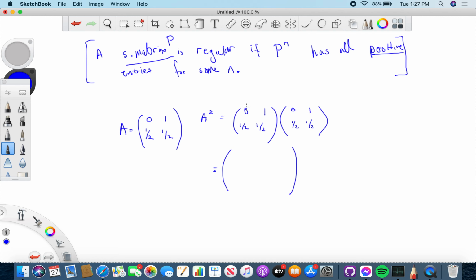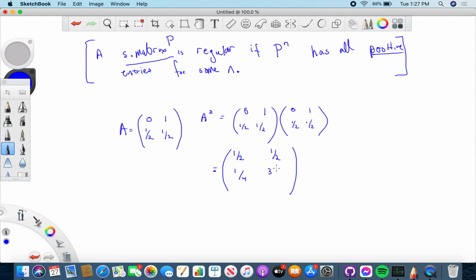0 and 0 is 0. 1 and 1/2 is 1/2. 0 and 1 is 1. 1 and 1/2 is 1/2. 1/2 and 0 is 0. 1/2 and 1/2 is a quarter. And 1/2 and 1 is 1/2, and 1/2 and 1/2 is a quarter.